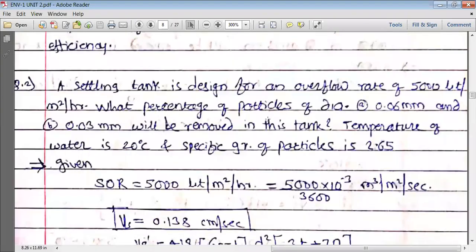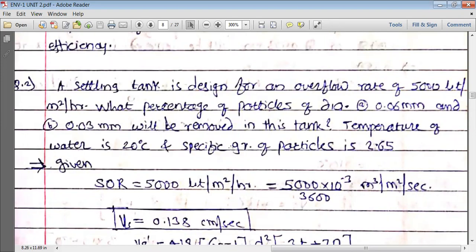So write down this problem. A settling tank is designed for an overflow rate of 5000 liters per meter square per hour. What percentage of particles of diameter 0.06 mm and 0.03 mm will be removed in this tank?